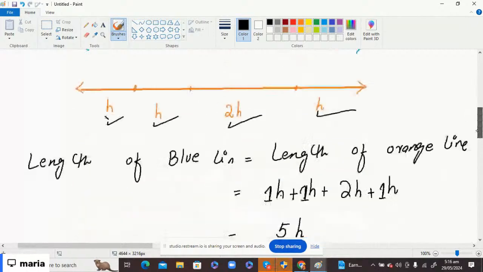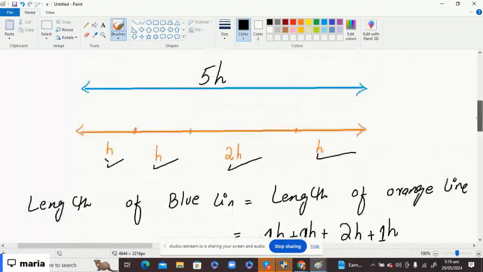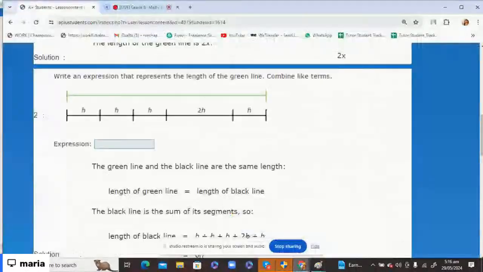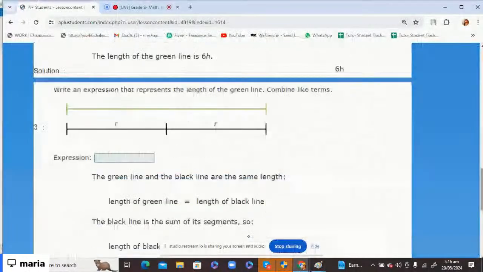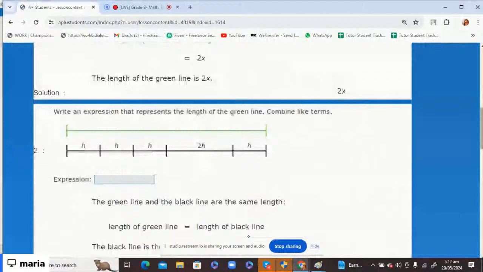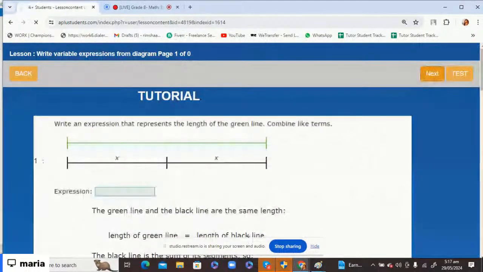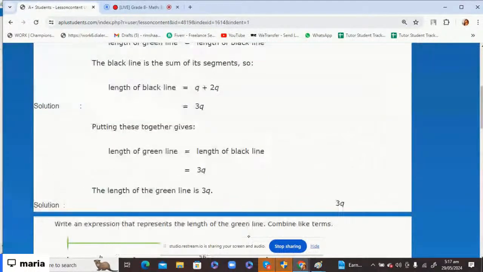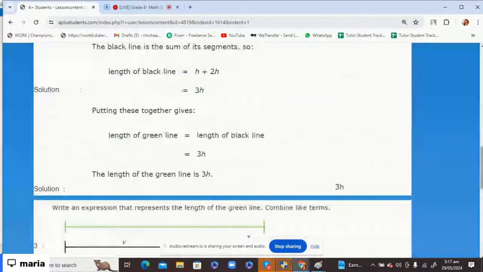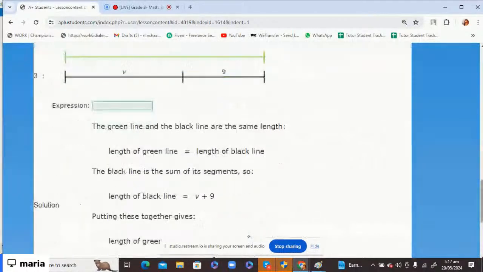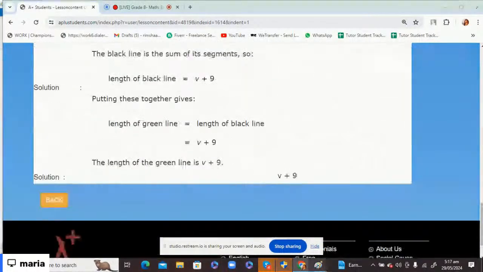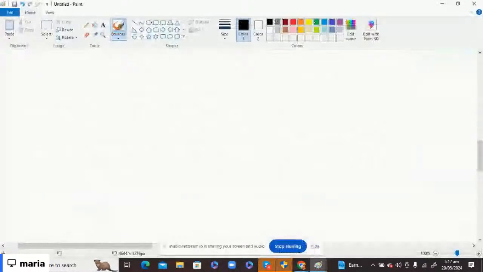You understand? These are basically the two questions we are doing. Let's do one more. Let's take another. For example, there are two lines.